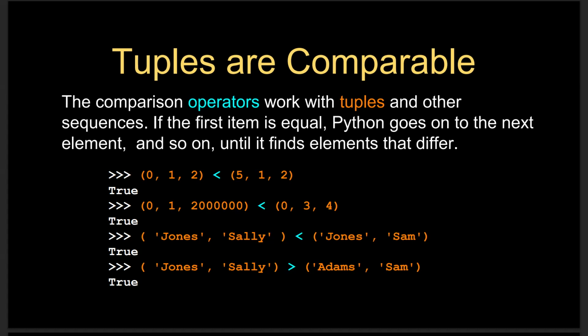Suppose the elements in this tuple are found in the other tuple, it will return true. Even if one or two elements match with the next tuple, it will return true. You can see some examples. See here, in the left side tuple, I have taken the elements 1, 0, 1, 2. In the right side tuple, I have taken 5, 1, 2 as the next tuple.